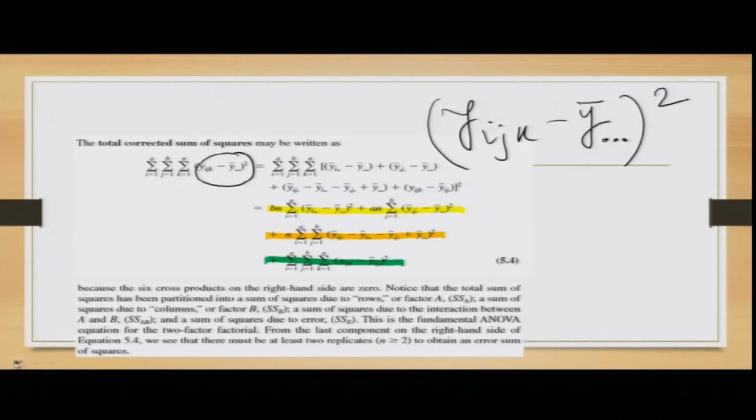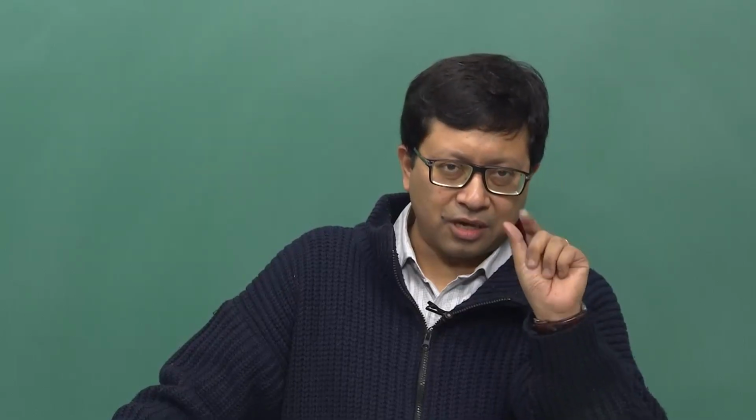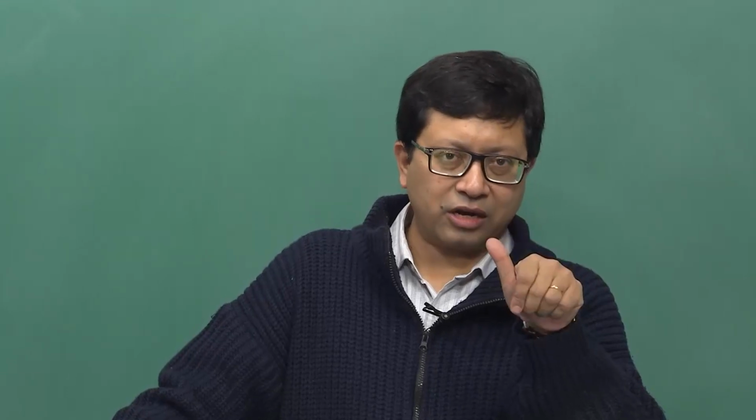So, now I will again switch to the color black. It will be now this part, the first part which is yellow, if you see, it basically would be the combinations of the errors corresponding to 2 parts. Number 1, I am keeping i fixed and summing it up for all j's and k's.